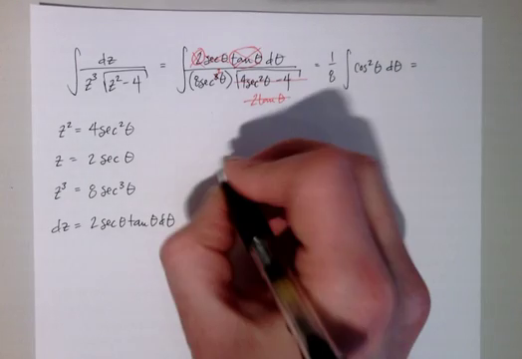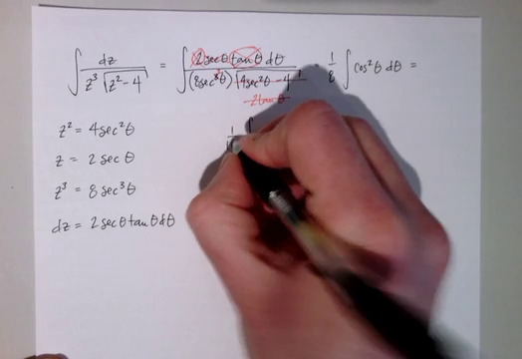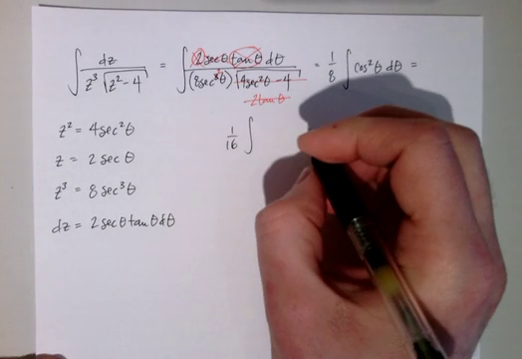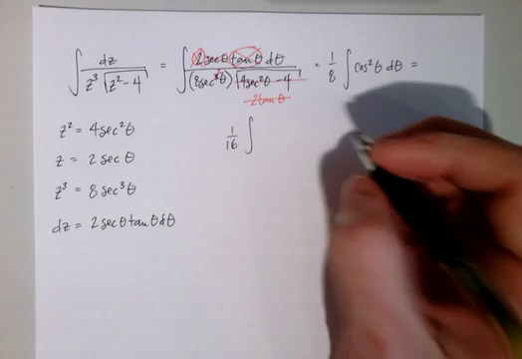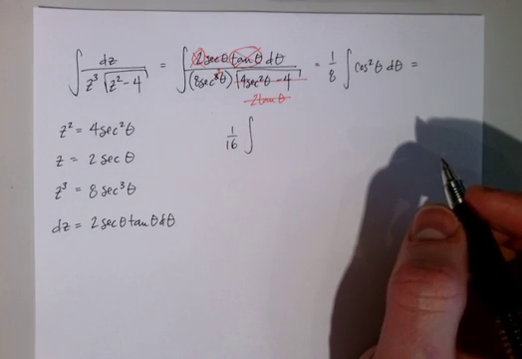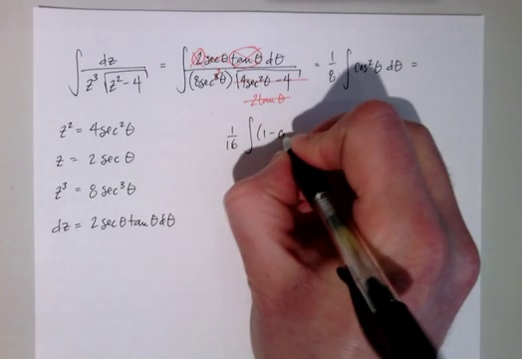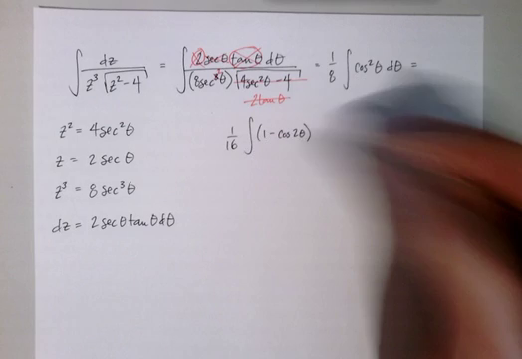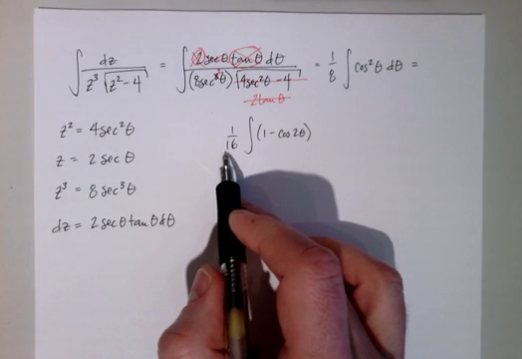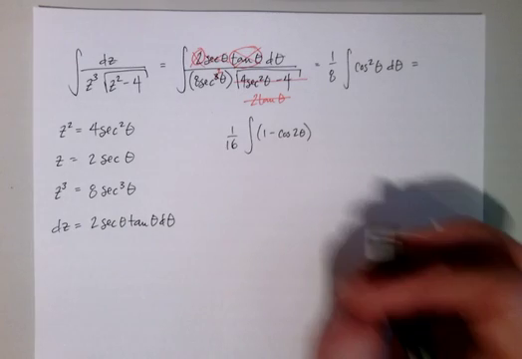If I remember my power reducing formula for cosine, which I should, cosine squared winds up being 1 minus cosine 2 theta over 2. Okay. 1 minus cosine 2 theta over 2. Well, the over 2 comes out here and winds up getting combined with the 1/8.